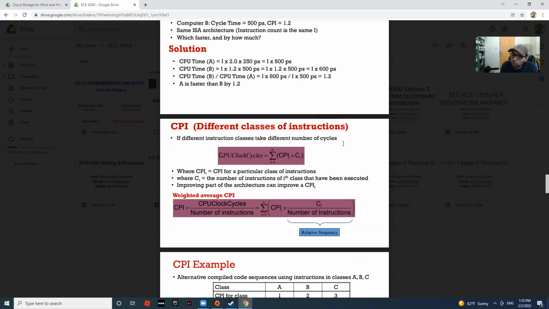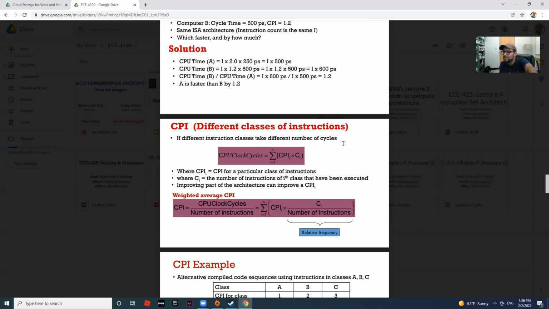And there is another one, called weighted average CPI, which is basically relative frequency. You have the CPU clock cycles divided by the number of instructions, but now I break it into CPI times C, the category of the instruction, divided by the number of instructions.